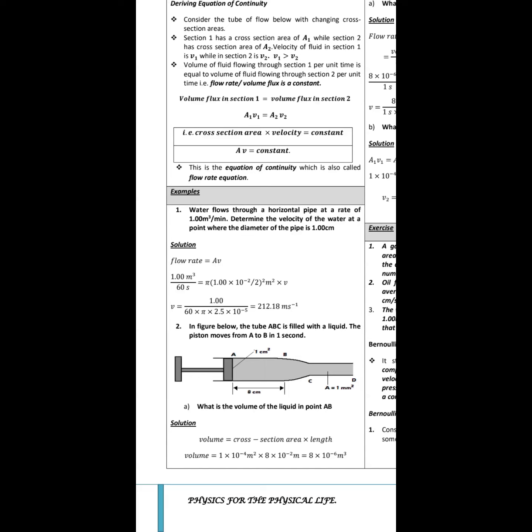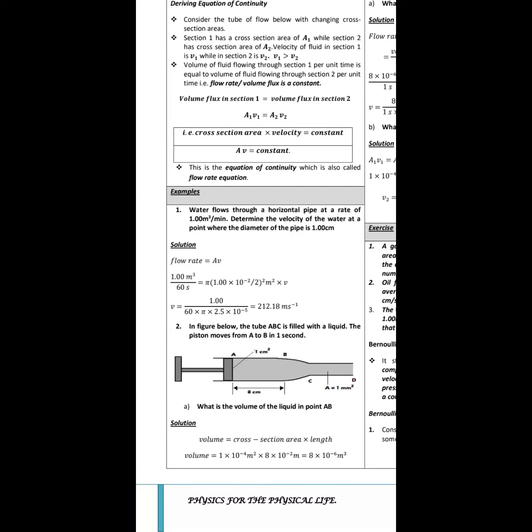what is the velocity of the liquid between A, B. We already have the volume between A, B. Since we finally got the volume is 8 times 10 power negative 6 cubic meters, then volume over time is flow rate.